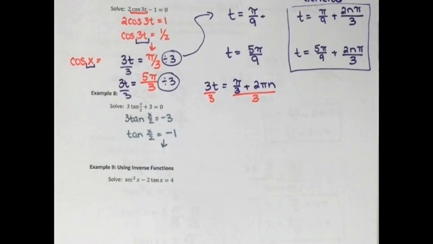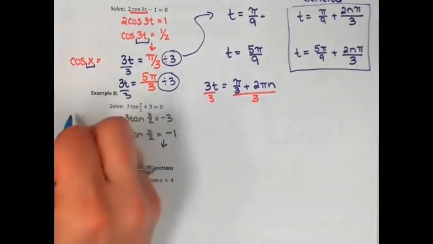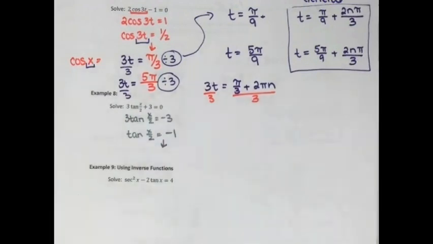So are we looking at 30, 60, 90 or 45, 45? 45, 45, right? So we'd be looking at pi over 4. However, when is my tangent negative? In quadrant 2, right? Right, quadrant 2 and quadrant 3.